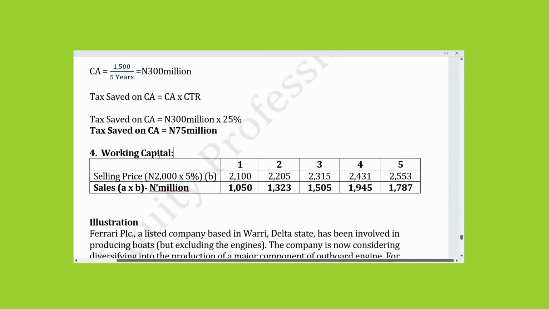How do I calculate my working capital? Examiner has told you that working capital is 10% on the sales value. We have calculated sales value before. This is the value of our sales.